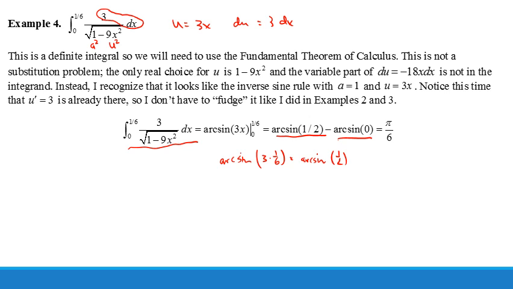Now remember, arc sine of 1/2 is asking you which angle has a sine value of 1/2, so I clearly know that that is pi/6, or at least I should. And then I know that arc sine of 0 just means the angle whose sine is 0. And so what you don't see here is subtracting 0, since arc sine of 0 is 0. Okay, so the final answer is just pi/6.